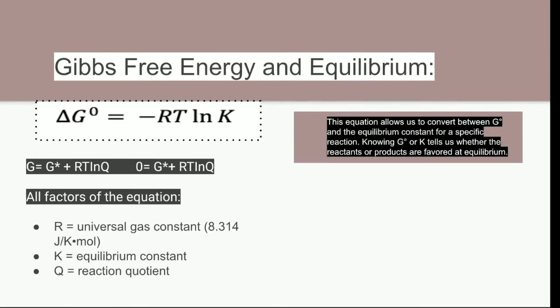Here in this new equation, we have the R that represents the universal gas constant and K is an equilibrium constant. And then we have Q, which is the reaction quotient. So this equation allows us to convert between ΔG and the equilibrium constant.